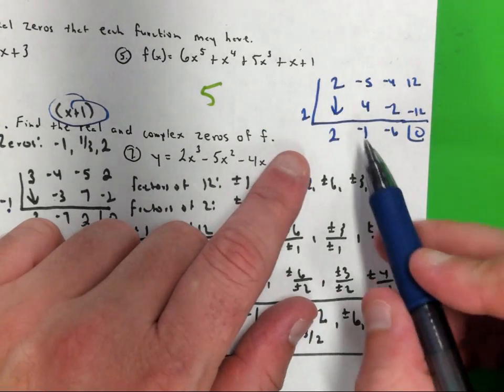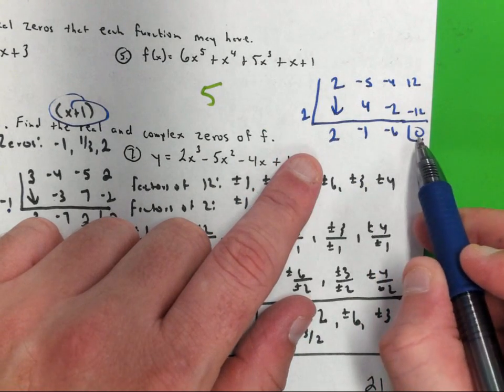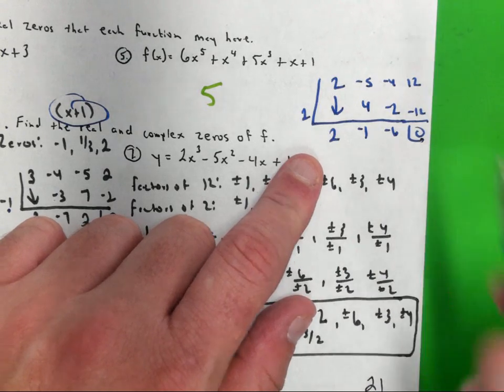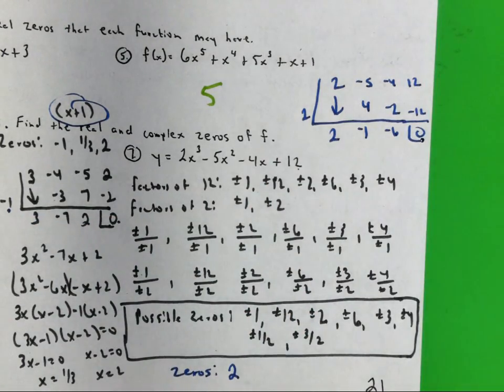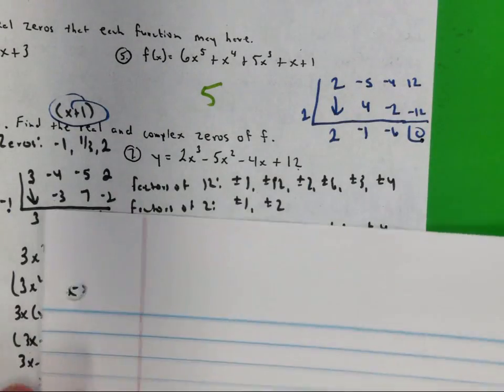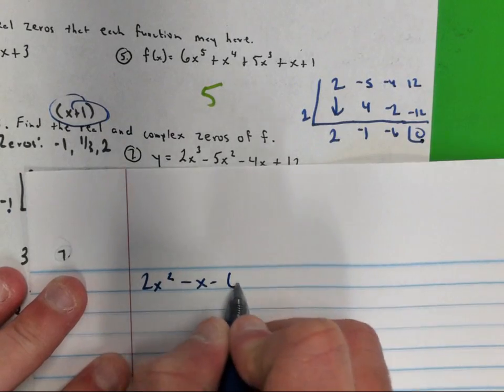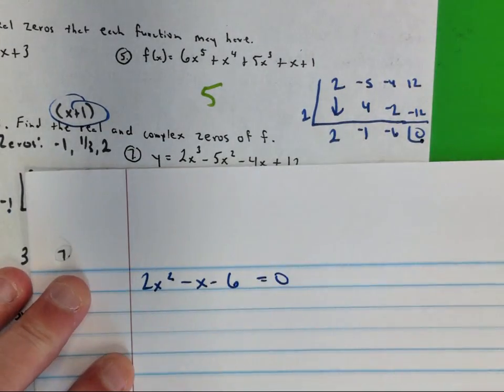Thank you, bud. Alright. So did I get what I wanted there? Did I get a remainder of 0? Yes. So now I'm going to write that as a quadratic. 2x squared minus x minus 6 equals 0.